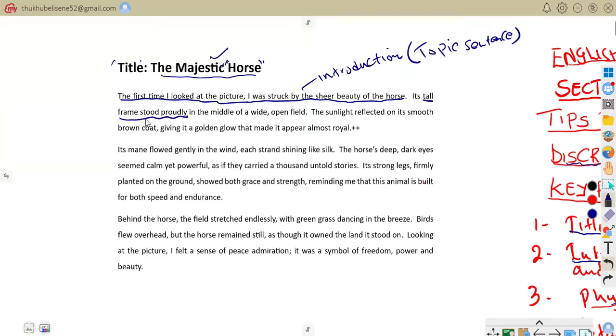So here we are talking about the description. Now we are describing the physical description of this horse. That is a physical description. That is a tall horse. Now we are trying by all means to describe it. Hope we are together on that.